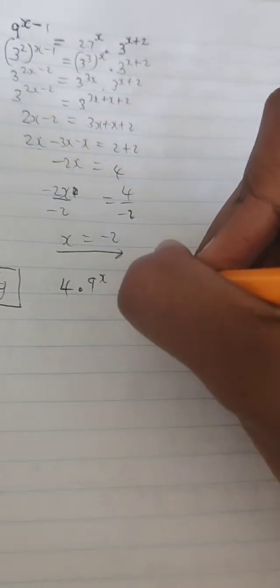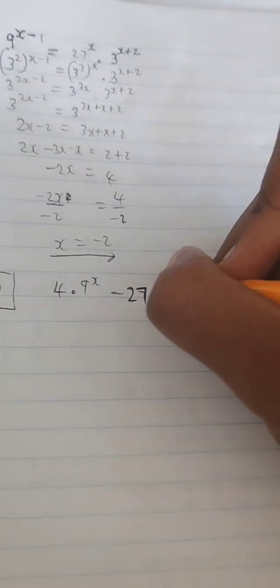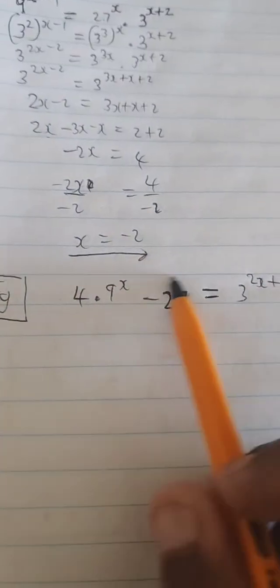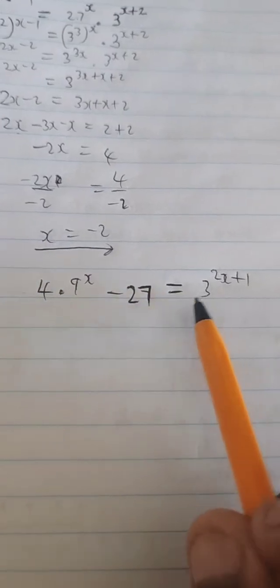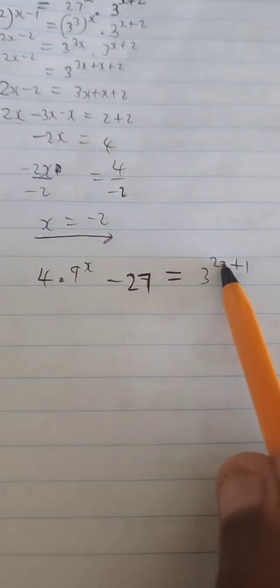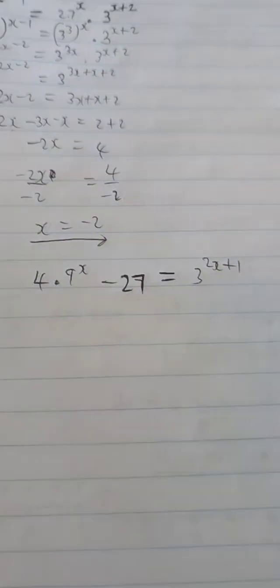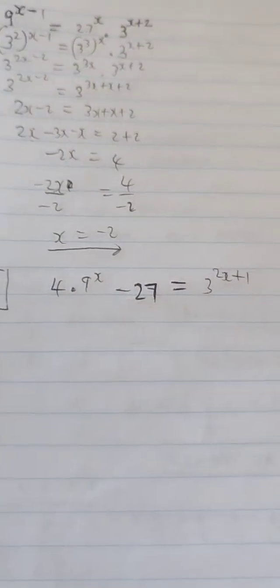Okay, here we are, guys. 4 times 9 to the power x minus 27 is equal to 3 to the power 2x plus 1 there in the exponent. Solve for x. How do we solve for it? Let me first allow you guys to do this.